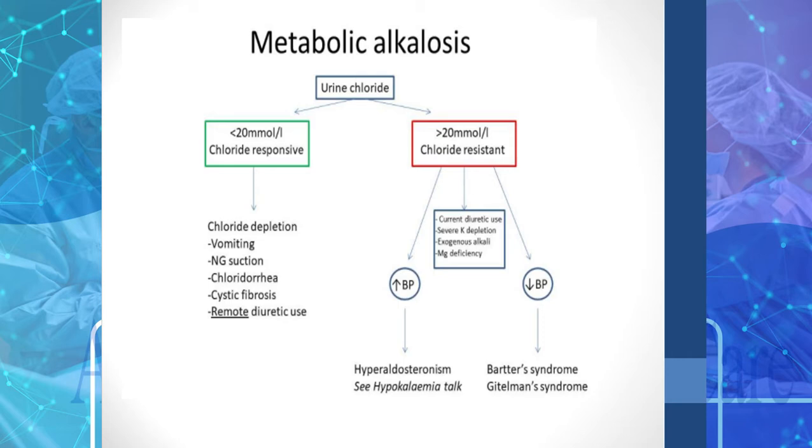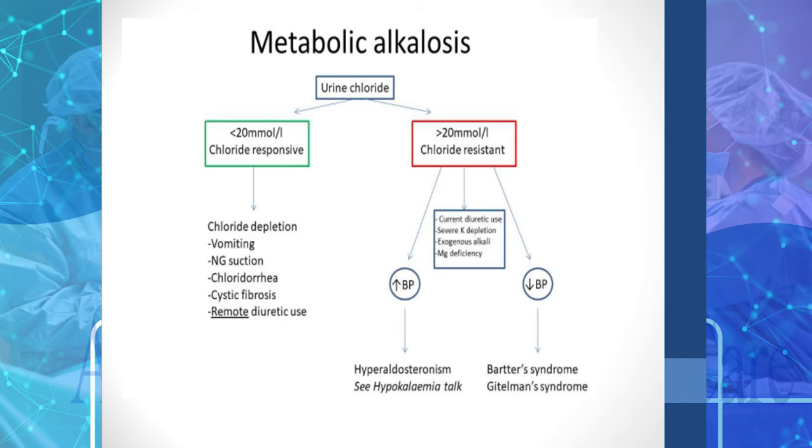Okay, so in case of alkalosis, usually we are checking for other electrolytes. Hypokalemia may be a cause, hypomagnesemia may be a cause, excess calcium may be a cause. We will check also the blood pressure of the patient. If the blood pressure is elevated, this may be hyperaldosteronism.